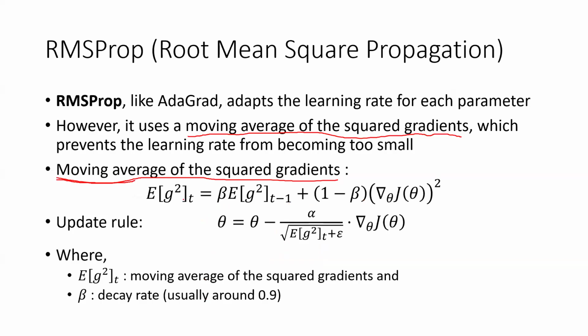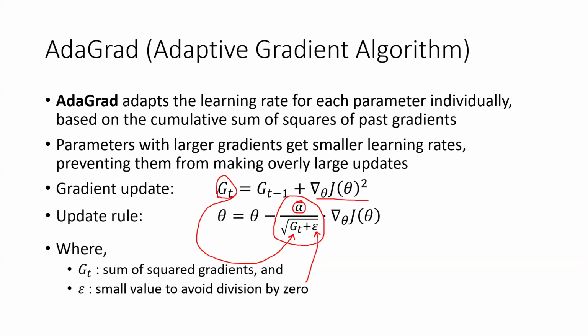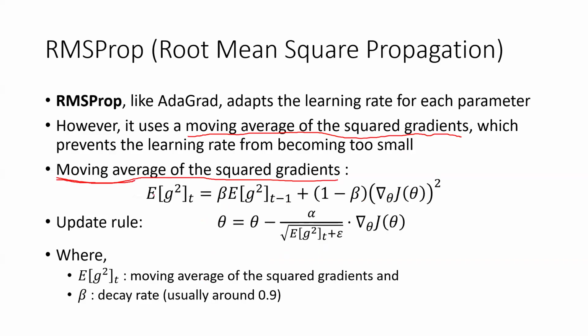But in this case, instead of g_t, we have the expected value of g squared at t, which is applied on the expected value of g squared at t minus 1, the previous time step's g squared, but not the same value, it is multiplied by this beta value, right? And the square of this gradient is multiplied by the 1 minus beta term, right?